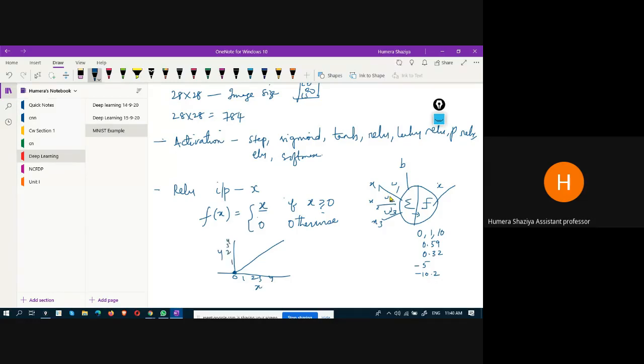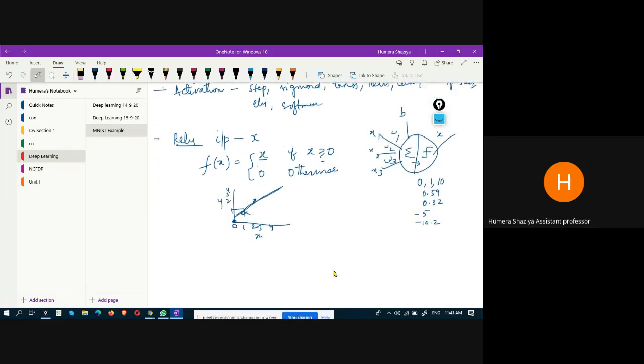If the input is 1, the output is also 1. Whatever the input, the output is the same. This is known as the ReLU activation function. Mostly we will be using the ReLU activation function.